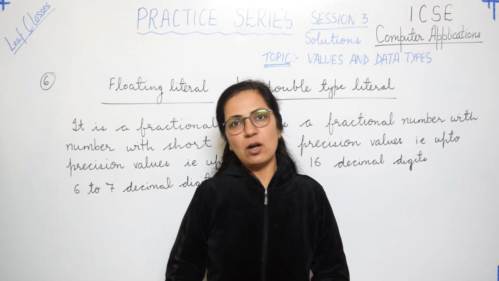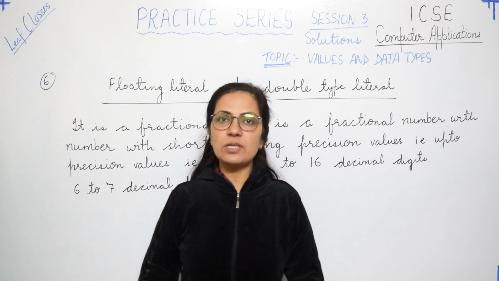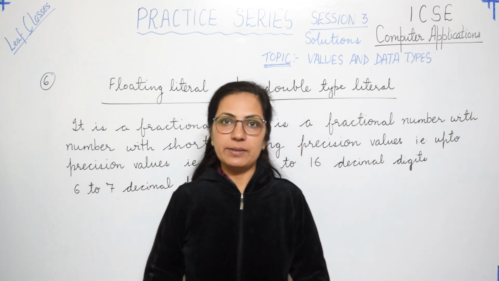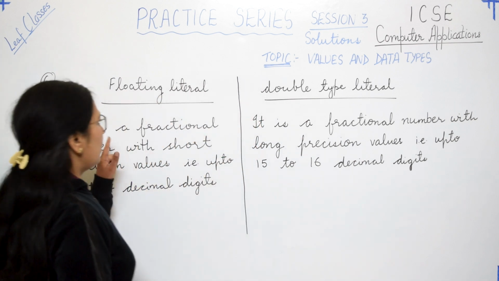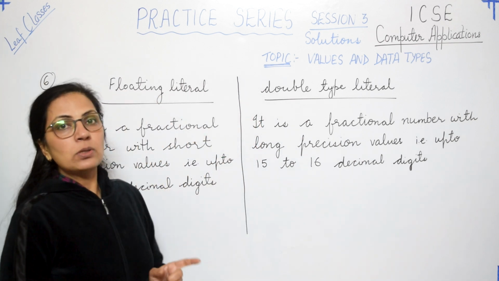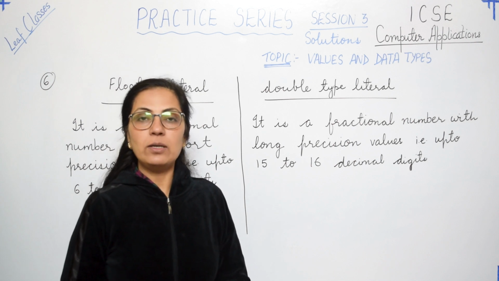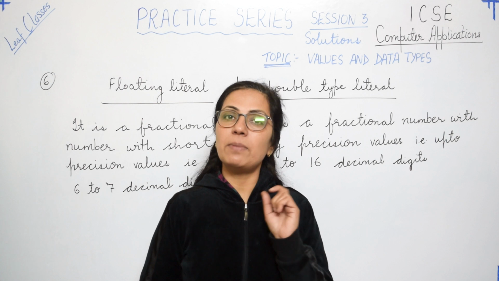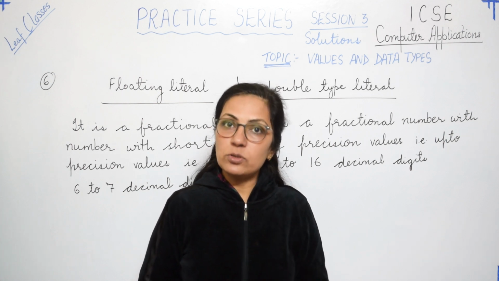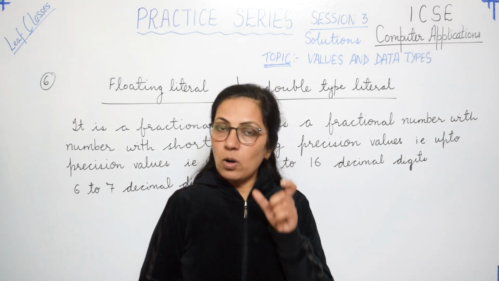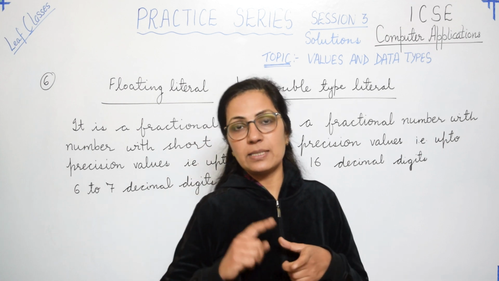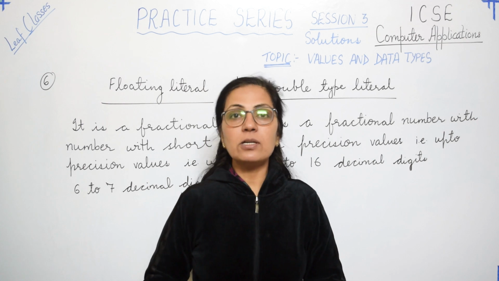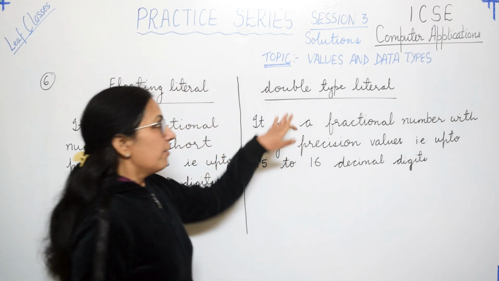Question number 6 is of year 2014 and the question says differentiate between floating point literal and double literal. So we know that float and double both are used for fractional values, but when you want up to 5 or 6 decimal places only, then we use float, and when you want more precision, that is 15 or 16 digits after the decimal, then you use the double type.